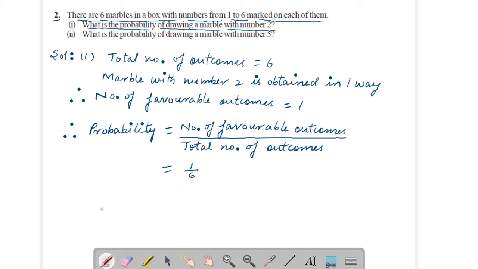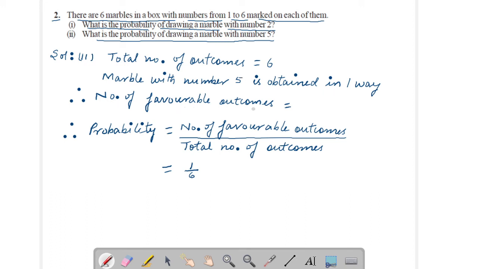Now come to the second part. Here, what is the probability of drawing a marble with number 5? Here, the total number of outcomes is 6. A marble with number 5 is obtained in one way.